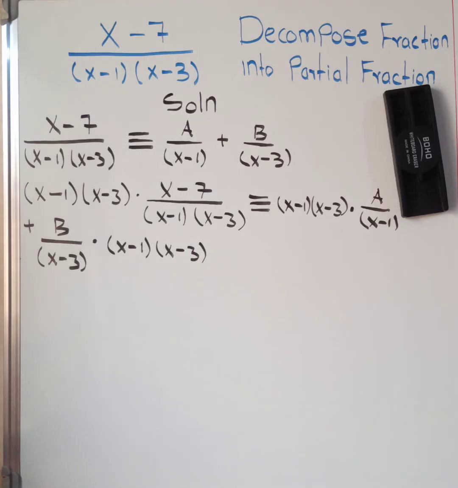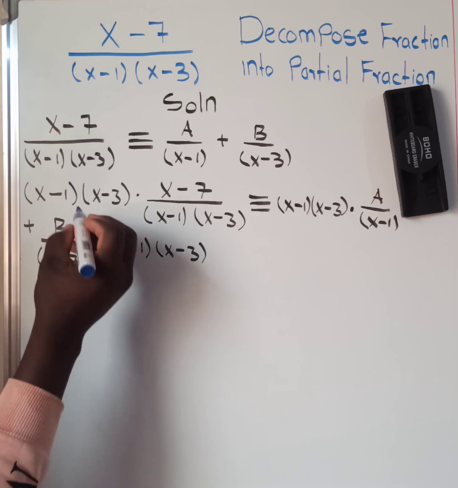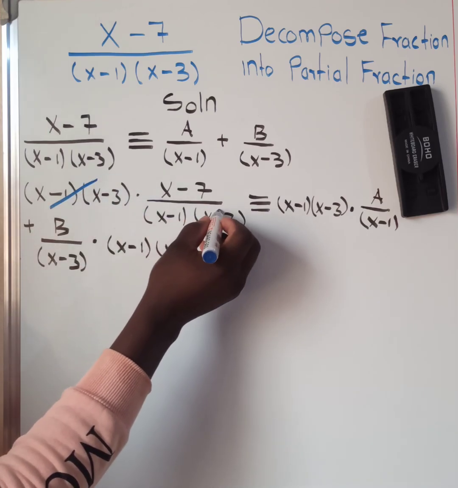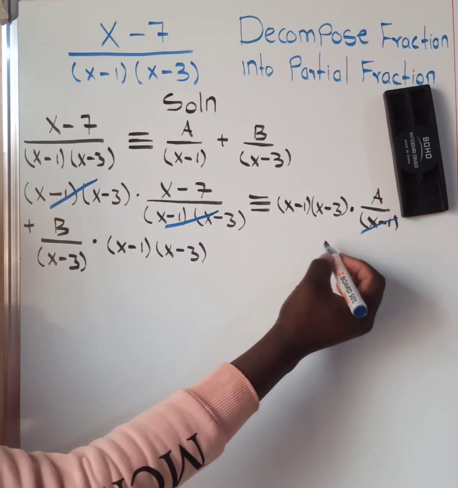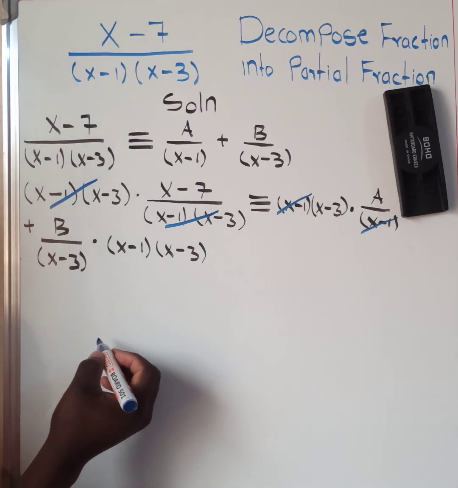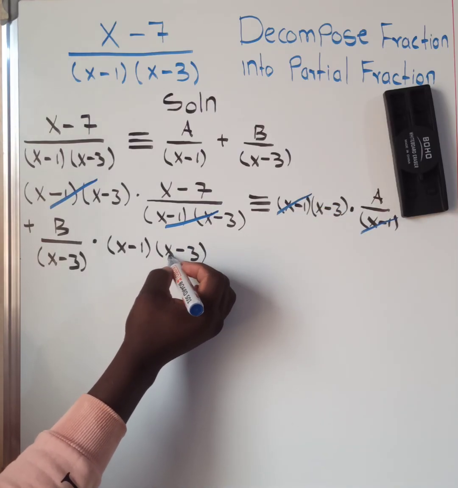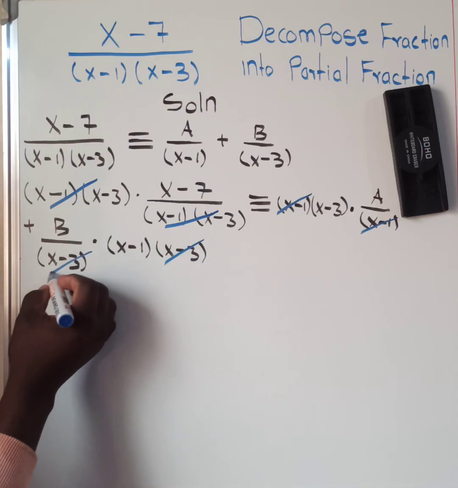So now what we're going to do here is to start canceling. So this bracket and this bracket will go. I have here (x minus 1) and (x minus 1) will go. Here I have (x minus 3) and (x minus 3) will go.